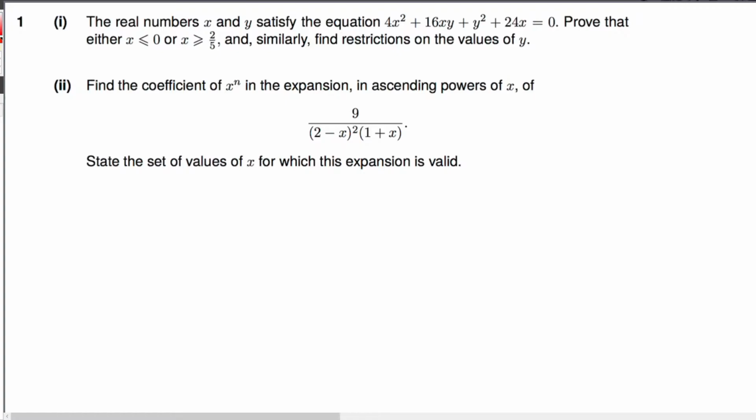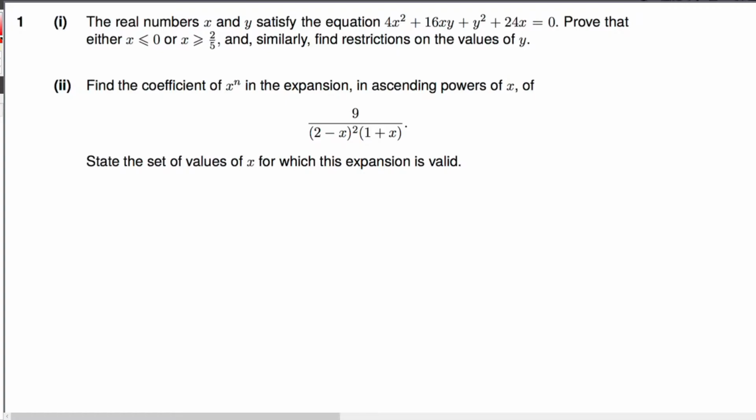So let's try and frame this equation as a quadratic equation with unknown x in terms of y, and a quadratic equation in terms of y with unknown x, to see where we can work from there.